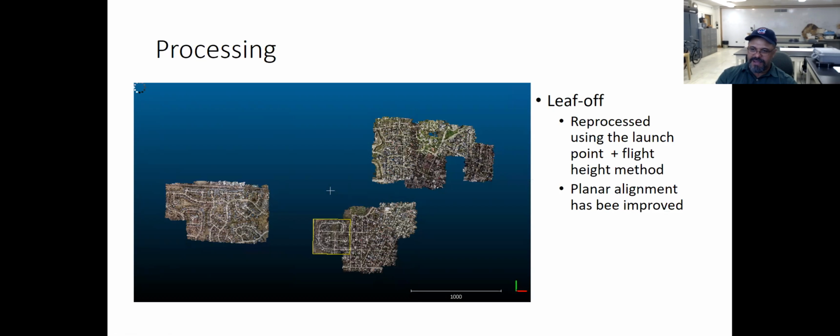And so I take my launch point, find that through the LiDAR data that we have of the area. I find the point, literally the point that I launched on, and then I add my designated flight height, which is 80 meters above the ground, and I set that as my overall flight parameters for that entire group.